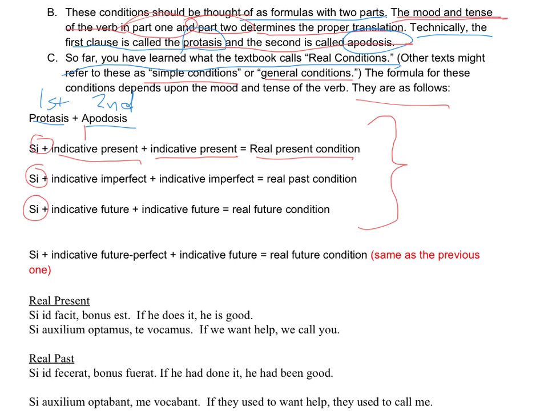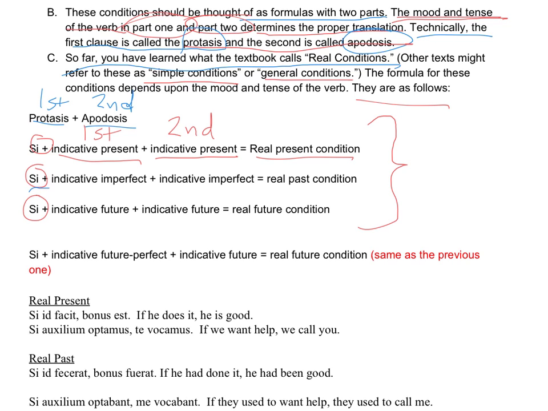The protasis in the indicative present and an apodosis in the indicative present yields a real present condition, and it's translated in a certain way that may not always be perfectly predictable based on what you know so far. There are a little bit of changes that sometimes occur in complex sentences that deviate from what you initially learned with the translation of the present tense, for example, or the indicative mood.